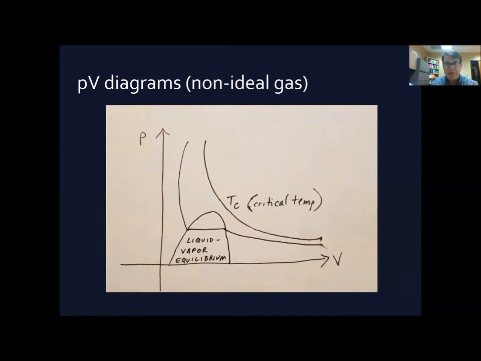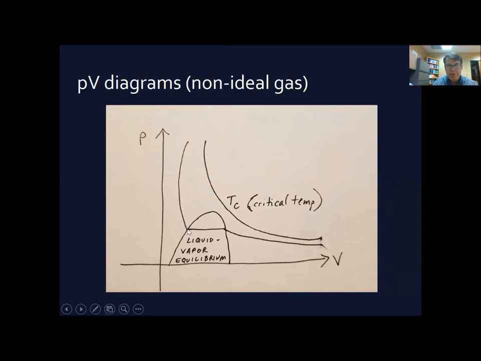Now, as it turns out, we don't have ideal gases, right? In the real world, as long as the temperature is high enough, it works like an ideal gas. But there's a critical temperature, T_C, and below this critical temperature, you don't have a gas form at certain pressures. When the pressure hits this point, as the volume increases, it shouldn't go backwards, by the way, I'm a bad artist in this case.